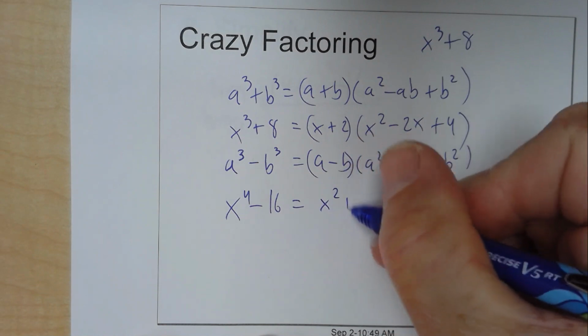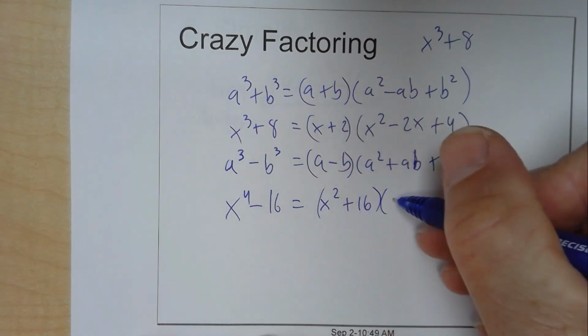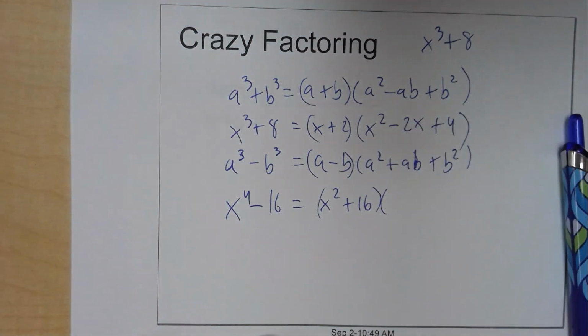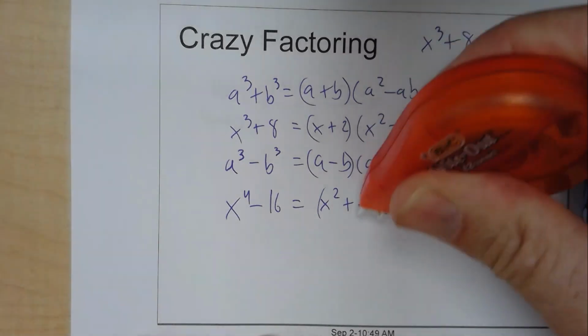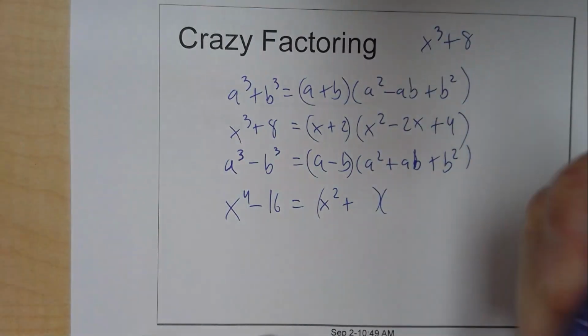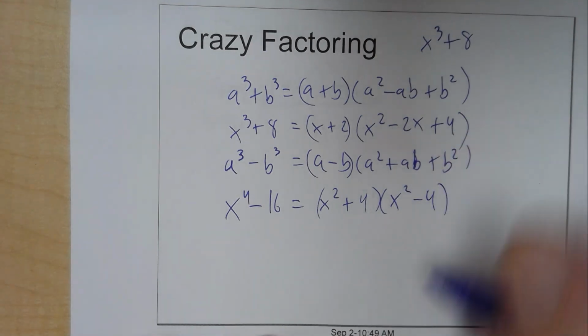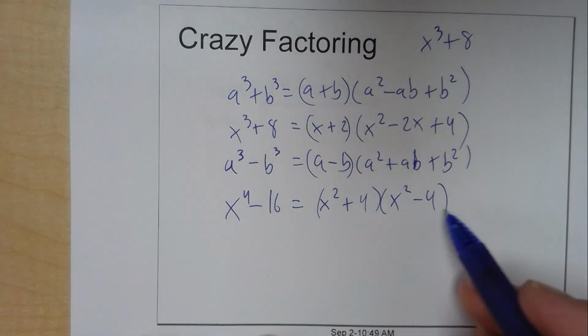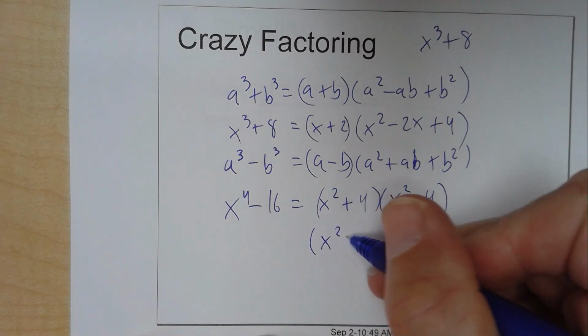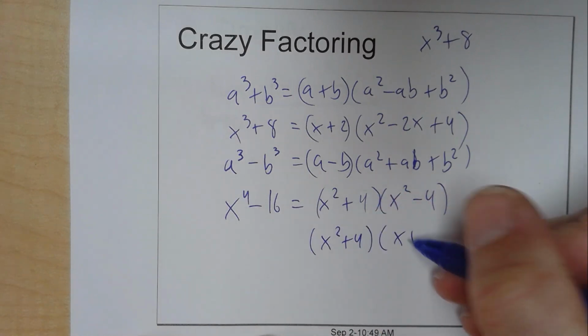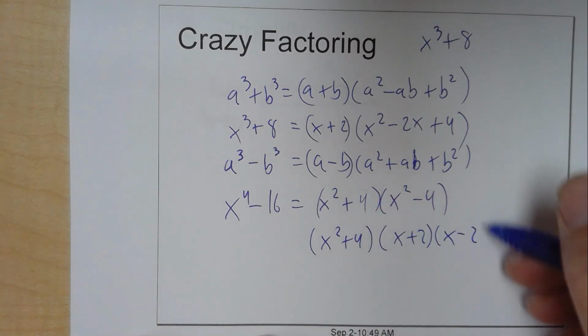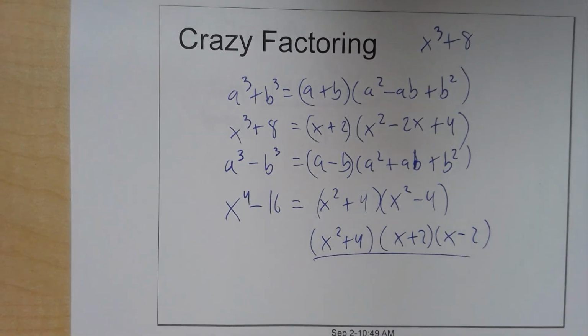So you get x squared plus 4 and x squared minus 4, and then it's the difference of two perfect squares again. So it's x squared plus 4, x plus 2, and x minus 2.